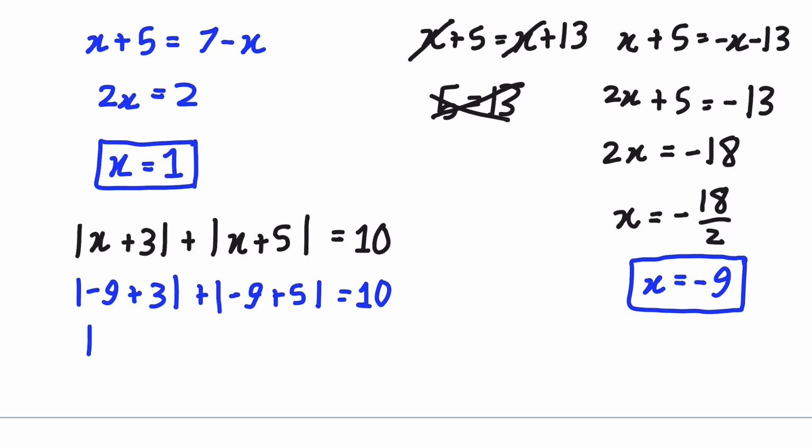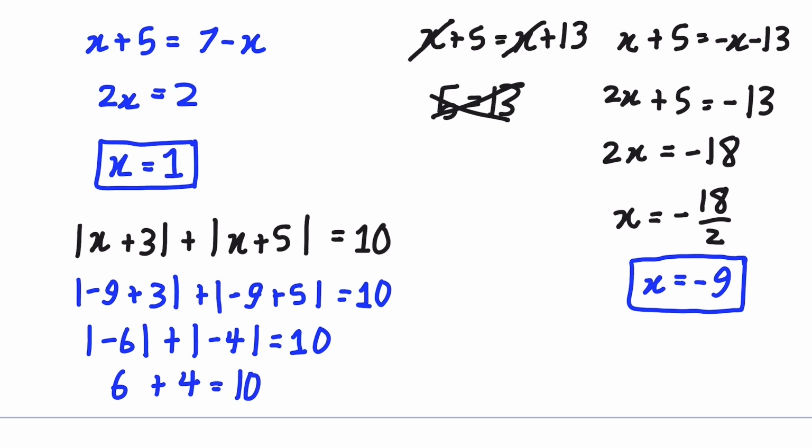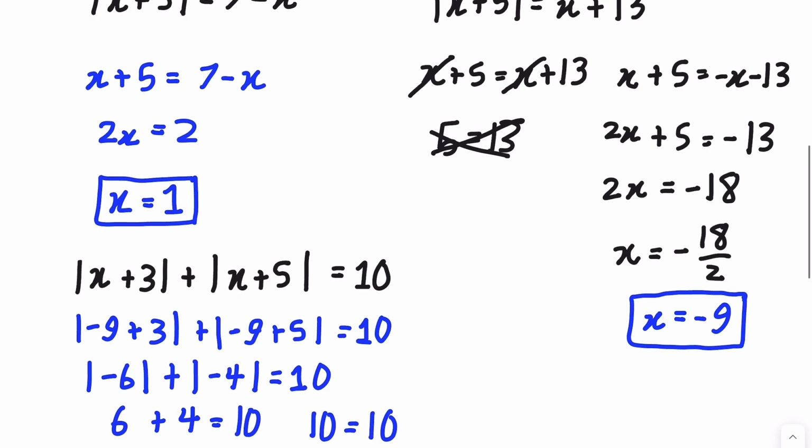Now we'll add them together, so it becomes -6, and here -4, equals 10. So modulus of -6 will be 6, and modulus of -4 will be 4, and 6 plus 4 equals 10. So the equation is correct. Now we have got two values of x, x equals 1 and x equals -9.